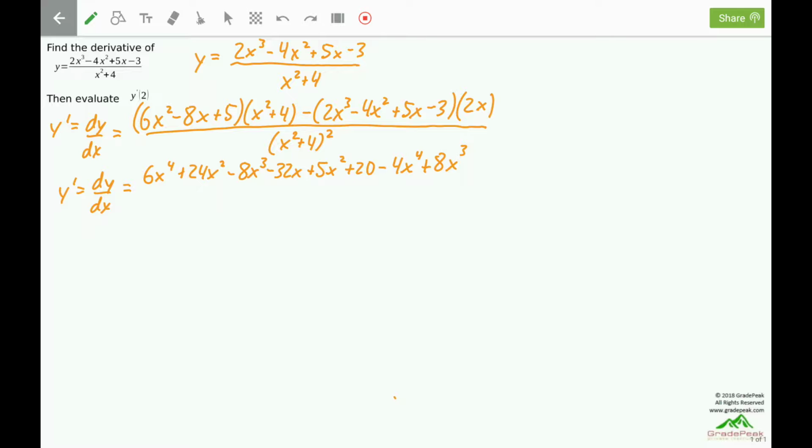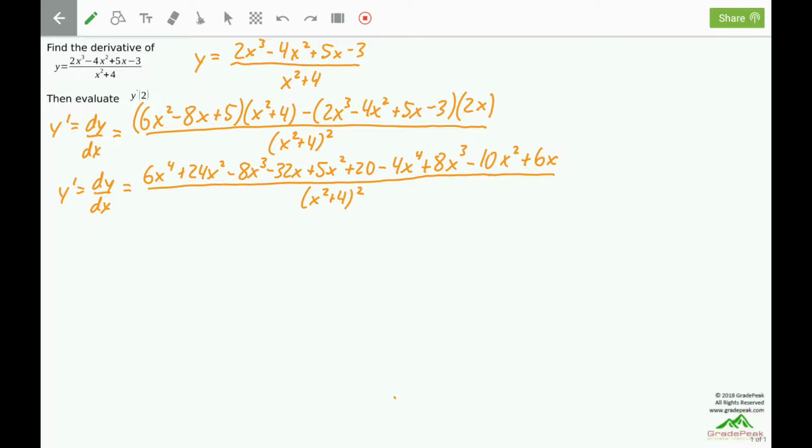A negative 2x times a positive 5x will be a negative 10x squared, and a negative 2x times a negative 3 will be a positive 6x. All of this over that same denominator, x squared plus 4 quantity squared.